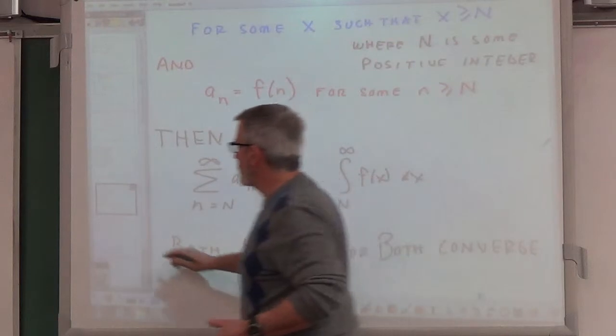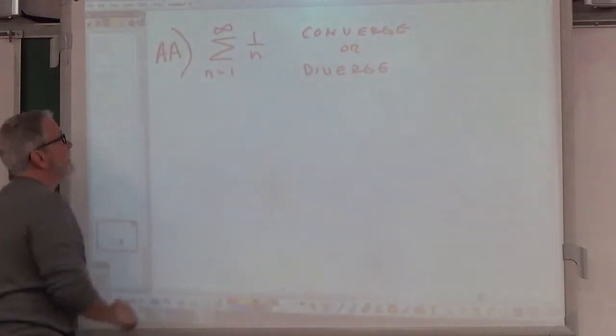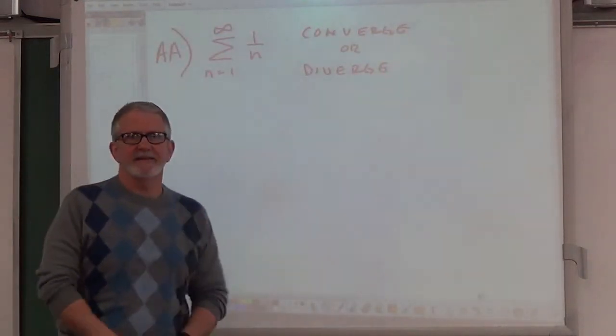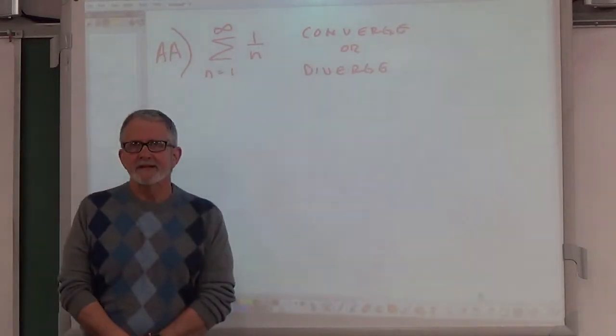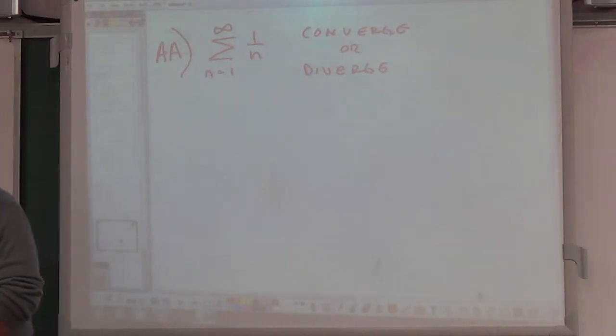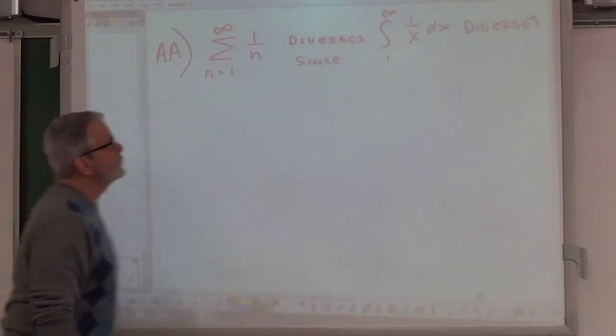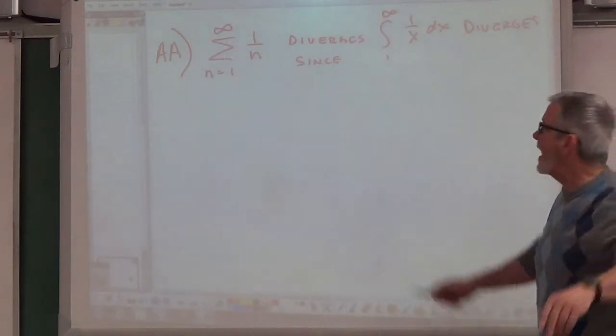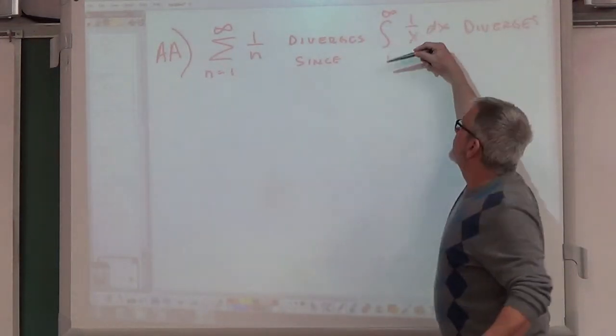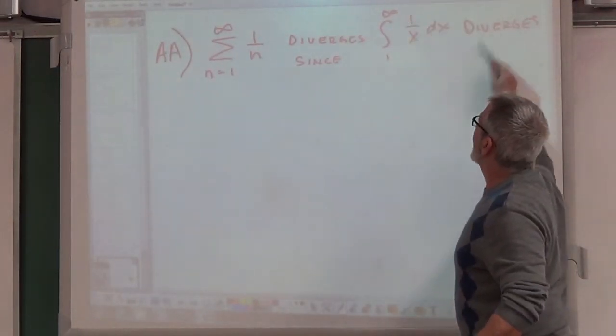So how are we going to use that? Let's look at the series from n equals 1 to infinity of 1 over n. Does that converge or diverge? Well, it diverges. Why? Because we saw in a previous slide that the improper integral from 1 to infinity of 1 over x dx diverged.